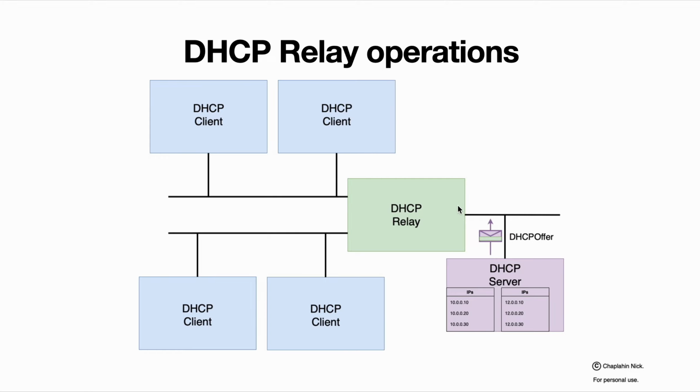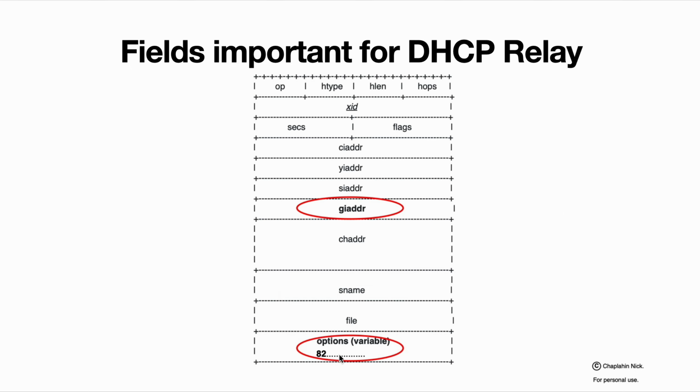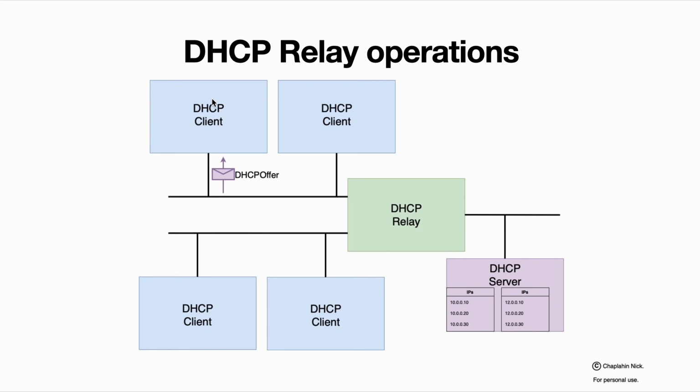Okay, the offer is generated, the DHCP relay receives it, processes it, and sends the offer to the client in the name of the server, removing option 82 and giaddr. And the client receives it like an offer directly from the server. This is how it works. This is how simple it is. Thank you. Have a great day.